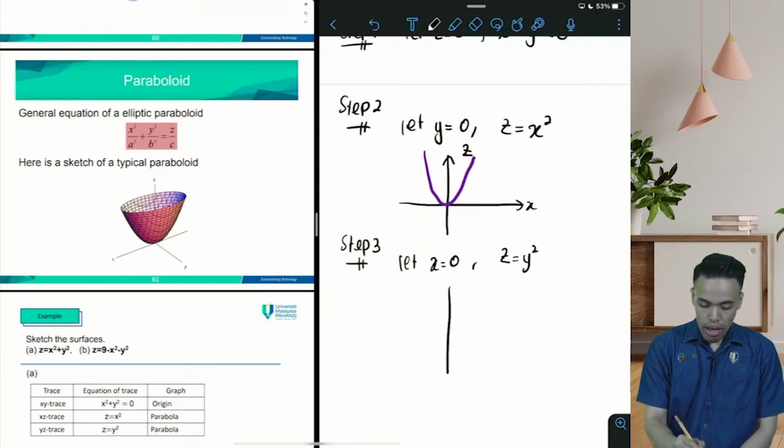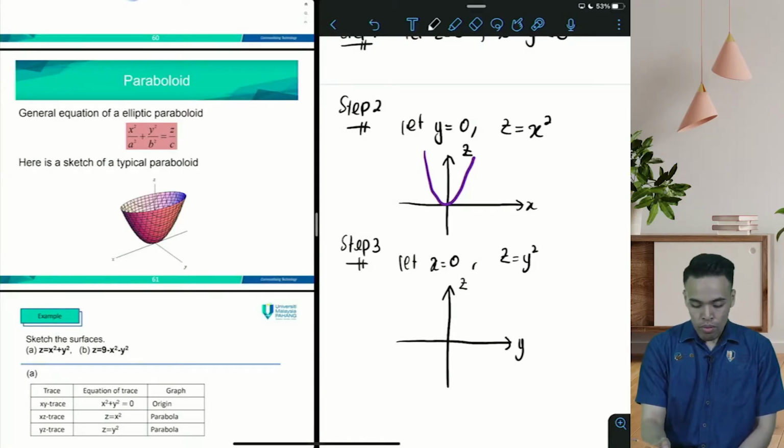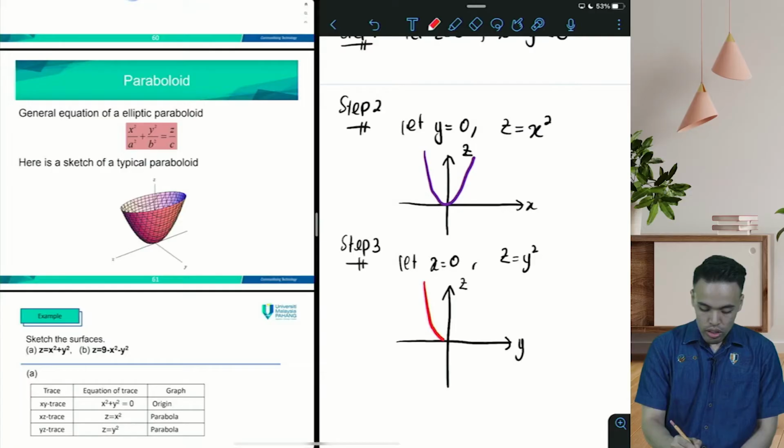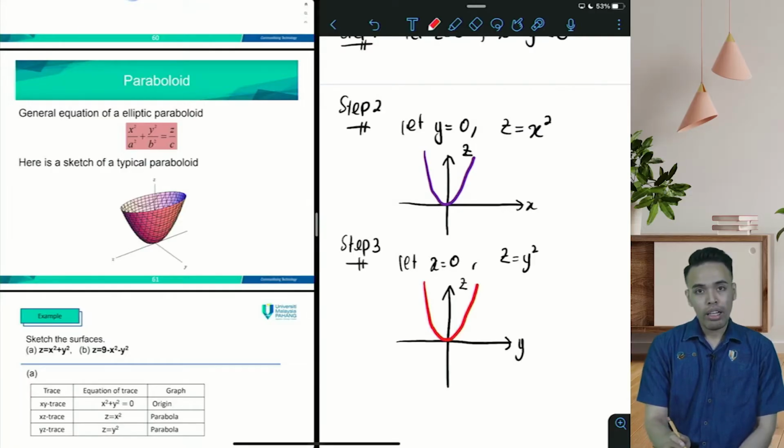So you imagine your curve in a two-dimensional coordinate system where you have z versus y, and it will give you another parabola with a smile shape.